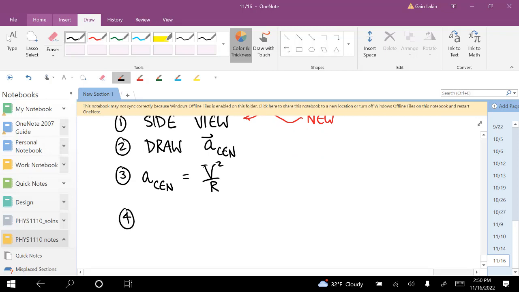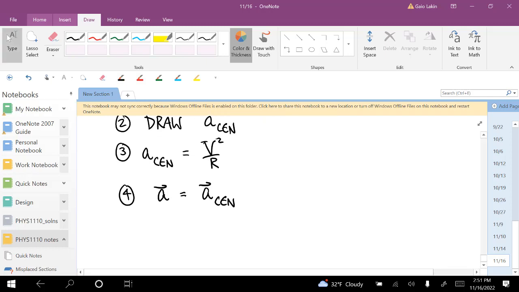Fourth, you know the total acceleration is equal to the centripetal plus the tangential, always. But in this case, the tangential is 0, so the centripetal gives you your total acceleration. And then 5 and 6 are a free body diagram and Newton's second law.